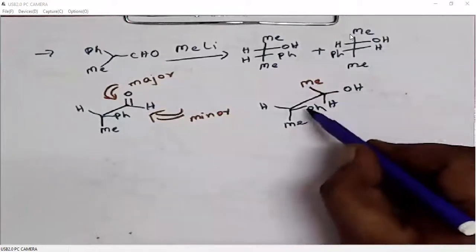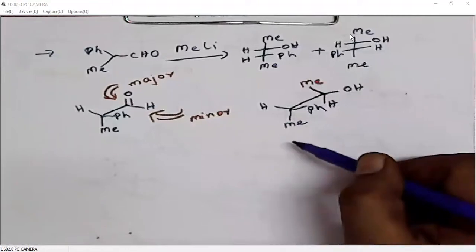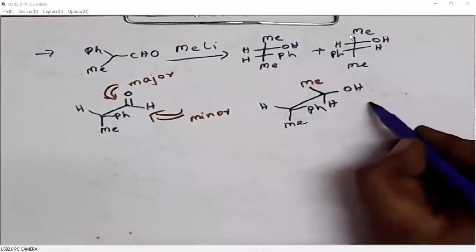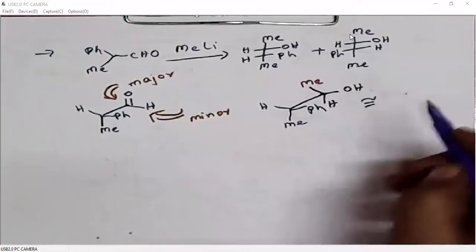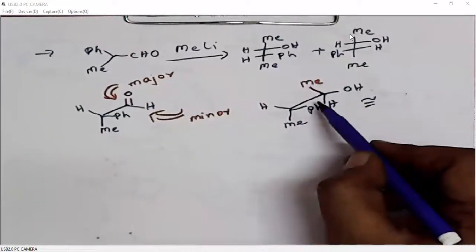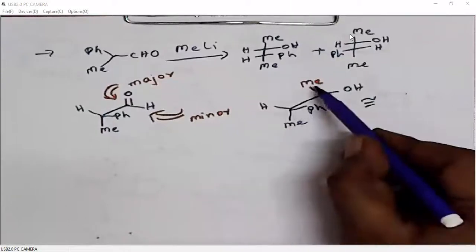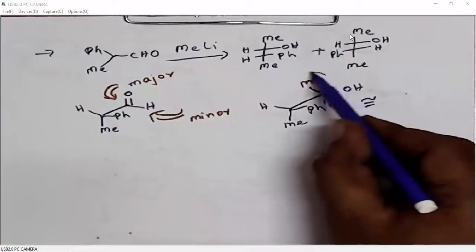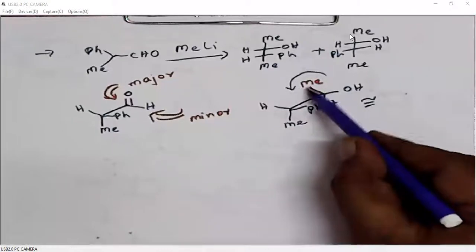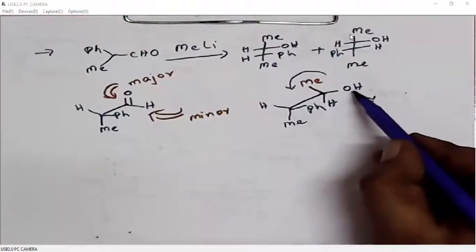When we want to convert a Sawhorse projection to Fischer projection, it should be syn. So that means we need to rotate this. We need to make it an eclipsed conformation. It is not an eclipsed conformation now. When we rotate it 60 degrees in this direction, methyl will come to the place where hydrogen was, and hydrogen will go to the place where OH was.